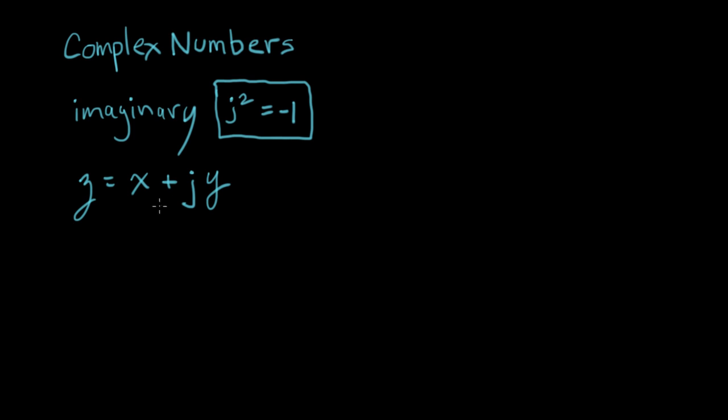So based on what this number looks like, this suggests that we can maybe plot this on a two-dimensional plot, and we'll call this the complex plane. We can plot two parts. We'll have a real part over here on what is usually the x-axis, and we'll have an imaginary part, which is the vertical axis.